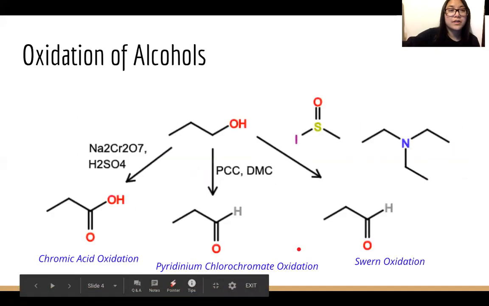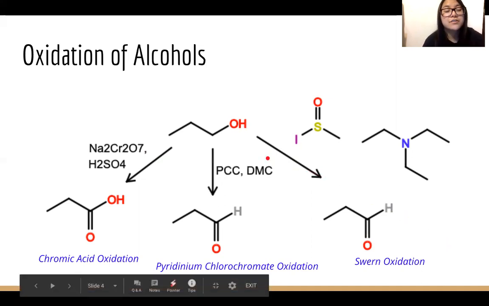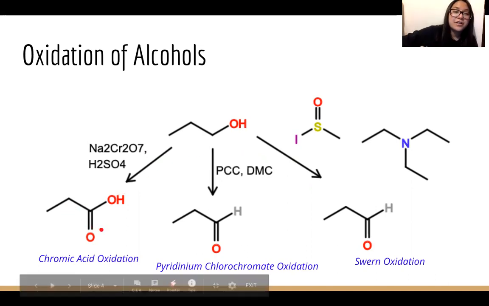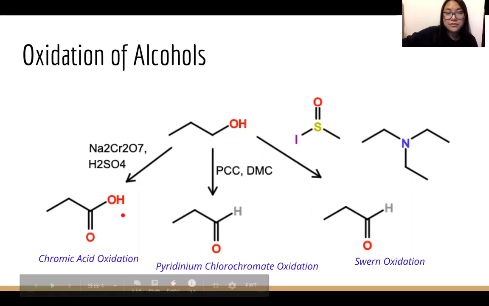Good. Okay. So now we have a couple of different ways to oxidize alcohols. The starting material here is a primary alcohol, and with a primary alcohol, you can do chromic acid oxidation, which is right here, and you result in a carboxylic acid, oxidizing all the way through.